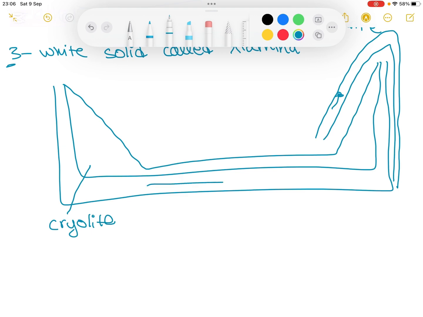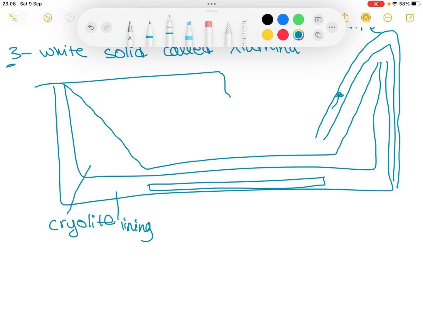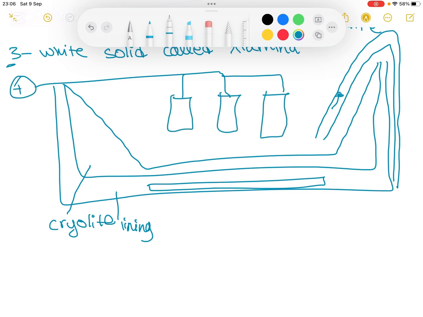The graphite lining is the cathode, and in the middle we have blocks of graphite hanging, 3 blocks or so, which are the graphite electrodes, and these are the anodes.